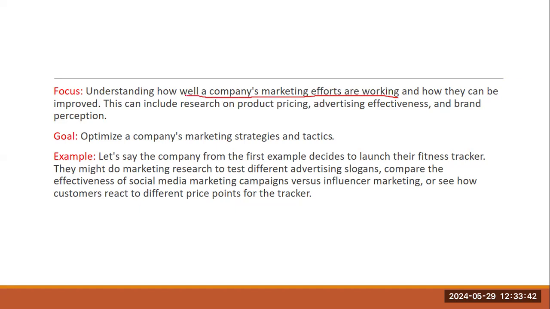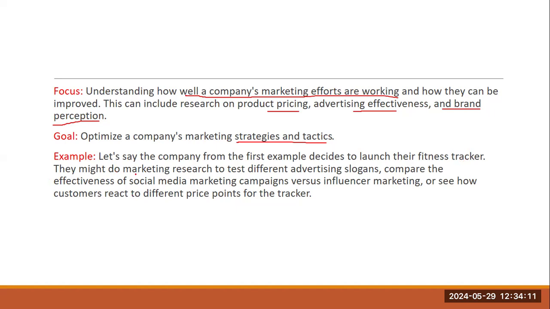Understanding how well a company's marketing efforts are working and how they can be improved. This can include research on pricing, advertising effectiveness, and brand perception, to optimize a company's marketing strategies and tactics. For example, let's say the company from the first example decides to launch their fitness tracker.